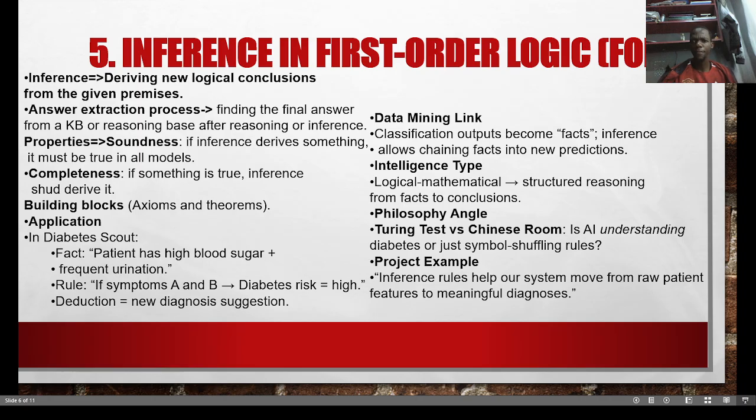If a patient has high blood sugar and urinates frequently at night, for example, then the risk is high. So we can say this patient may be positive or negative depending on the situation.